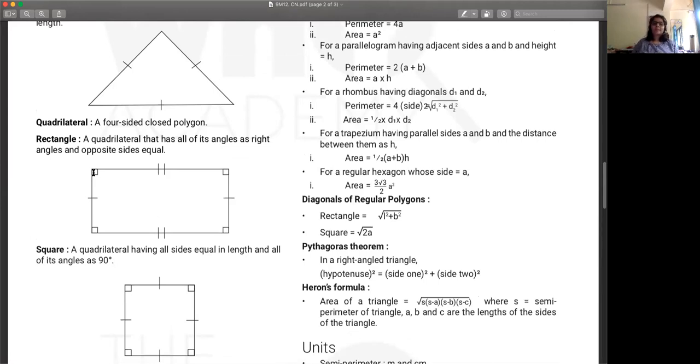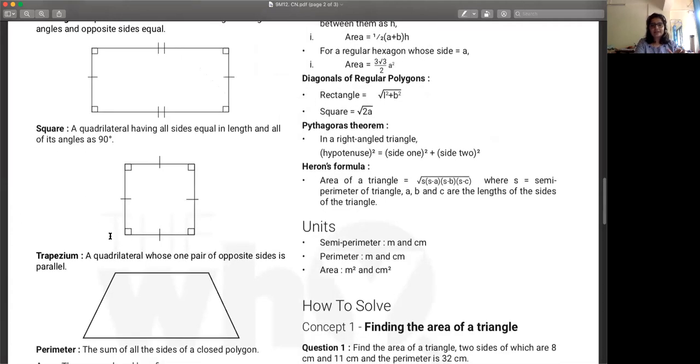In a rectangle, not just opposite angles, but every angle is equal. All angles are 90 degrees. So if you had to tell someone about rectangles, you would start off by saying that every angle is 90 degrees, and then you'd say opposite sides are equal.